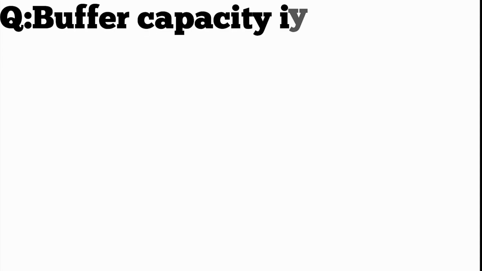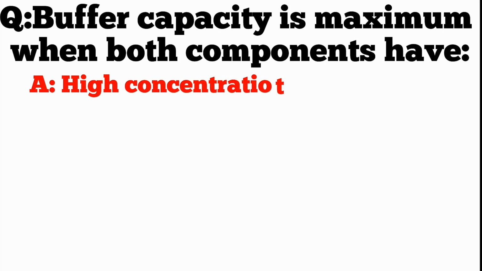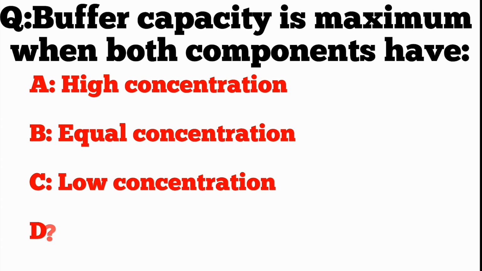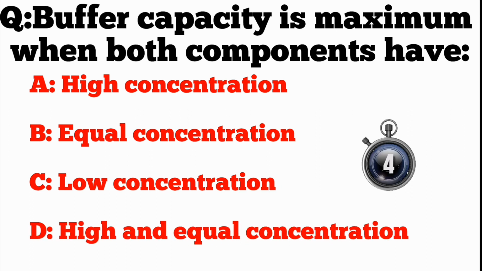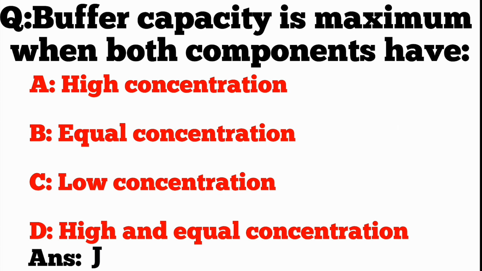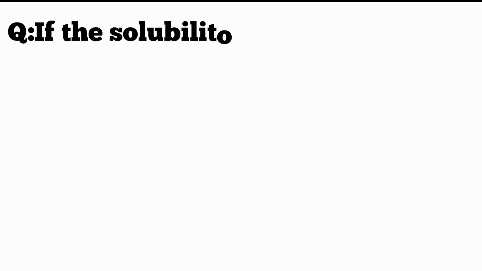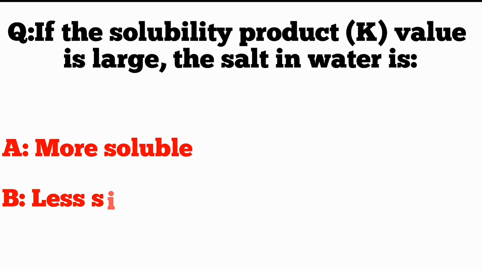Q. Buffer capacity is maximum when both components have A. High concentration. B. Equal concentration. C. Low concentration. D. High and equal concentration. Ans. High and equal concentration. Q. If the solubility product Ksp value is large, the salt in water is A. More soluble. B. Less soluble.